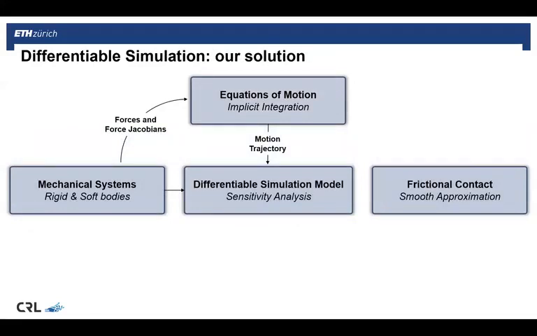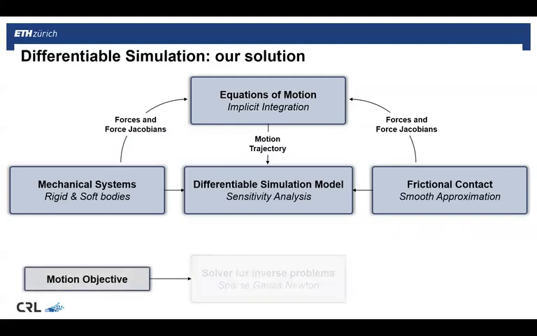Okay, so with this type of smooth approximation to frictional contact in place, we can then compute forces and force Jacobians of contact and normal and friction forces. They get plugged into the equation of motion and into the sensitivity analysis that we're using to compute derivatives, just like all other forces that come from a mechanical system.